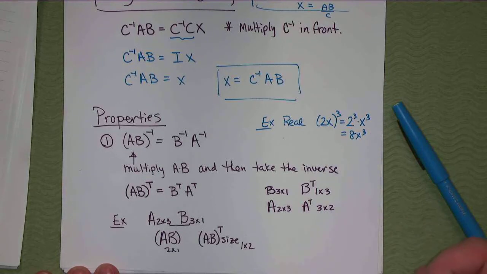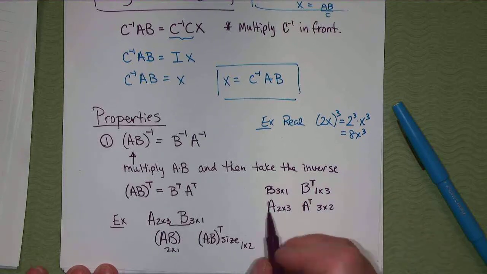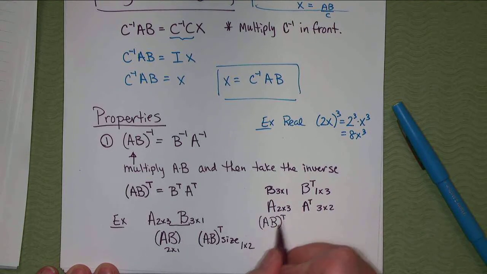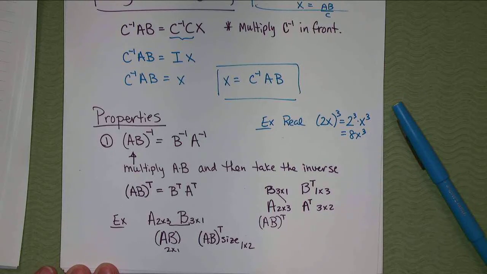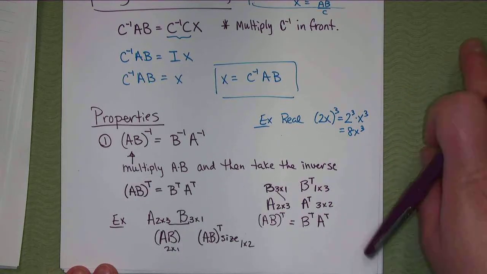Which one has to come first if you were to multiply the transposes? Right, you have to have B transpose first for the size to work. So if you multiply them and then transpose, it's the same as transposing them both and then multiplying, but in the opposite order. And the inverse works the same way.